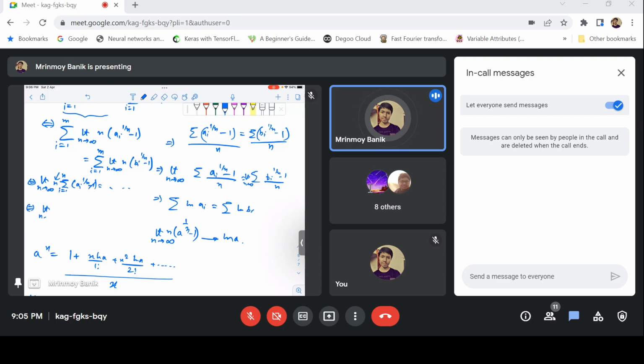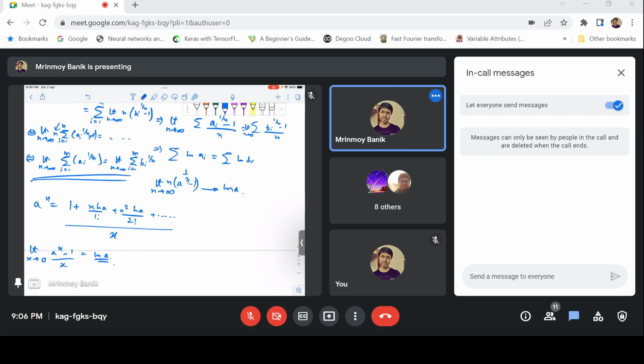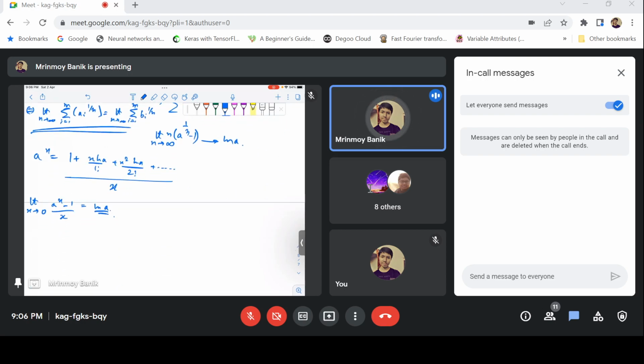So we get limit n tends to infinity. This is obviously true since each summation i runs from 1 through n, ai power 1 by n is 2 for all n, right? That's what was given in the question statement.